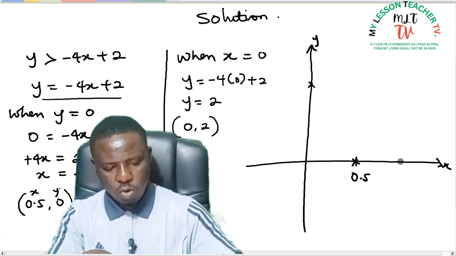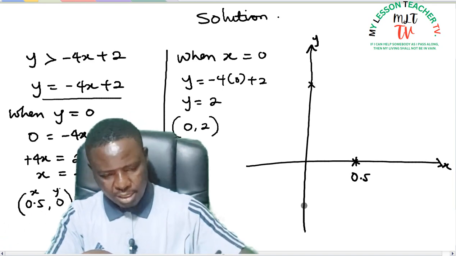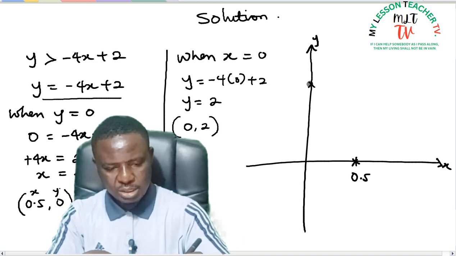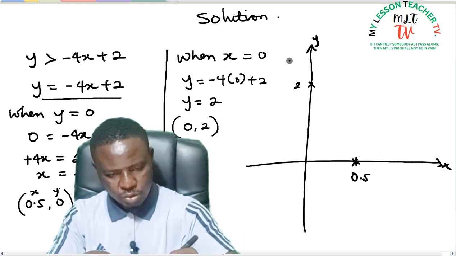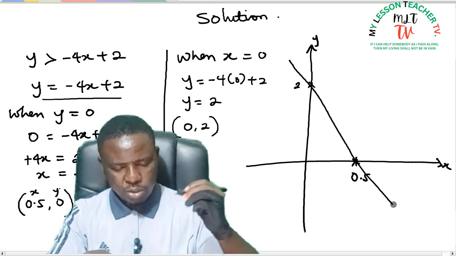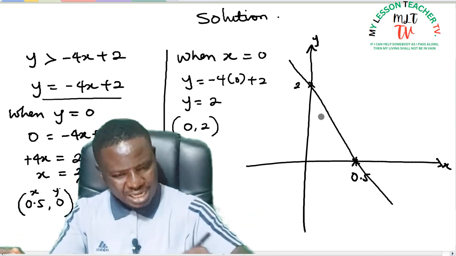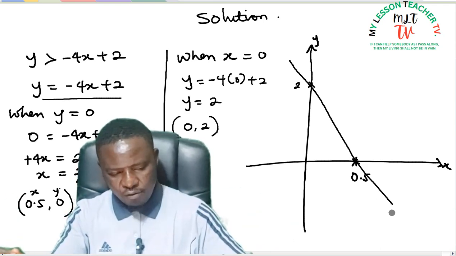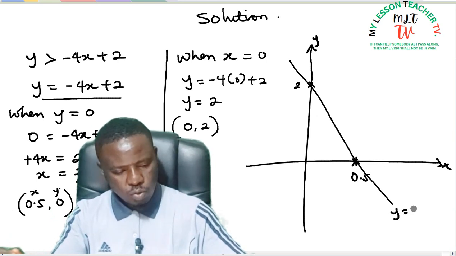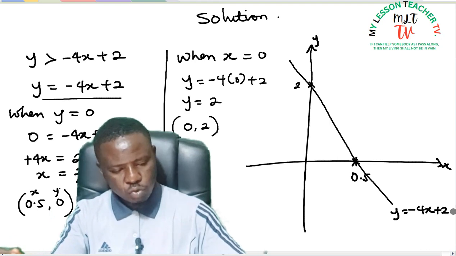So x is 0 on this line, while y is 2. So this is going to be something like this, okay, since this is a sketch. So now this line is the graph of y is equal to minus 4x plus 2.